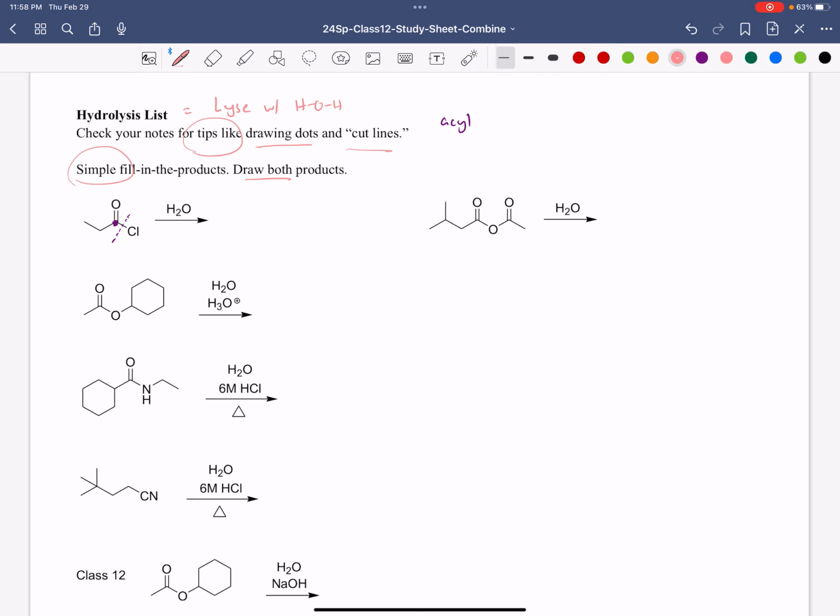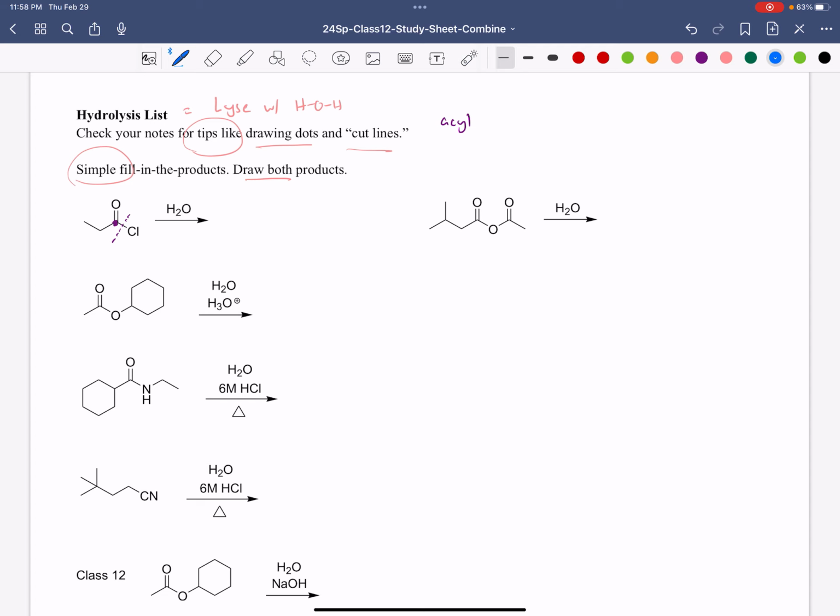If you're uncomfortable filling in the products without studying the mechanism, go ahead and stop this video and go over the mechanisms we went over in class, maybe 2 or 3 times each until you can draw them from memory.